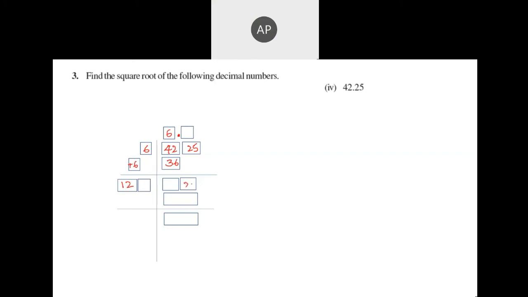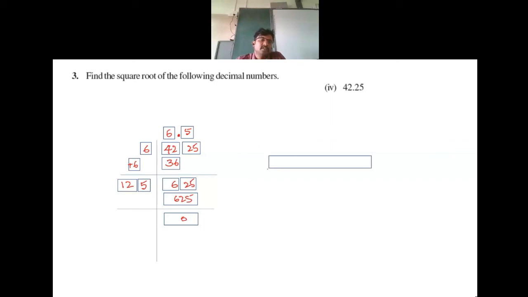The difference is 6, 25, and if we multiply it with 5, we get exactly 6.5 and 0 as remainder. Therefore, the result is root of 42.25 is 6.5.